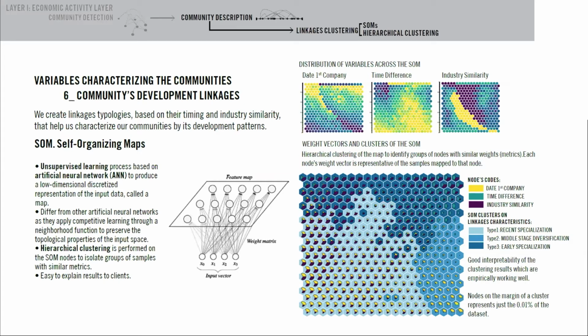What the process basically does is you feed data into the map through a series of iterations, and at the end of the process, each of the cells, each of the nodes of the map, is representative of a group of entries in your data. In our case, those will be the linkages between companies and these 3 characteristics.